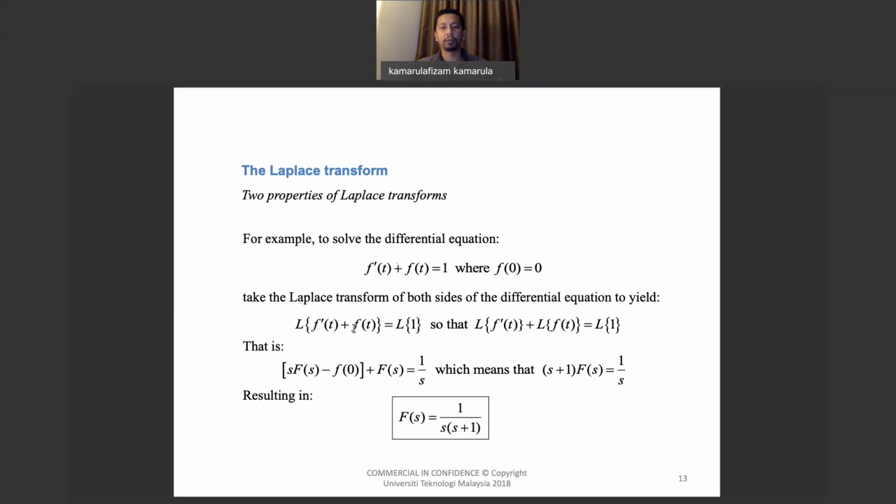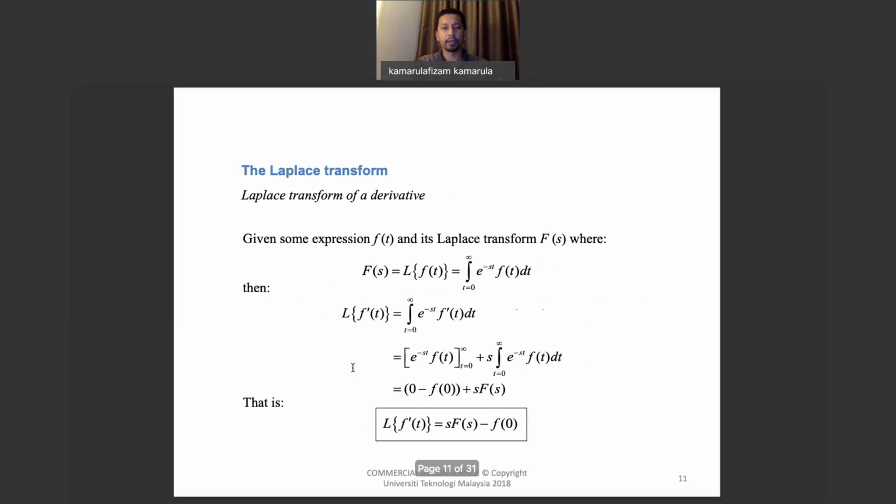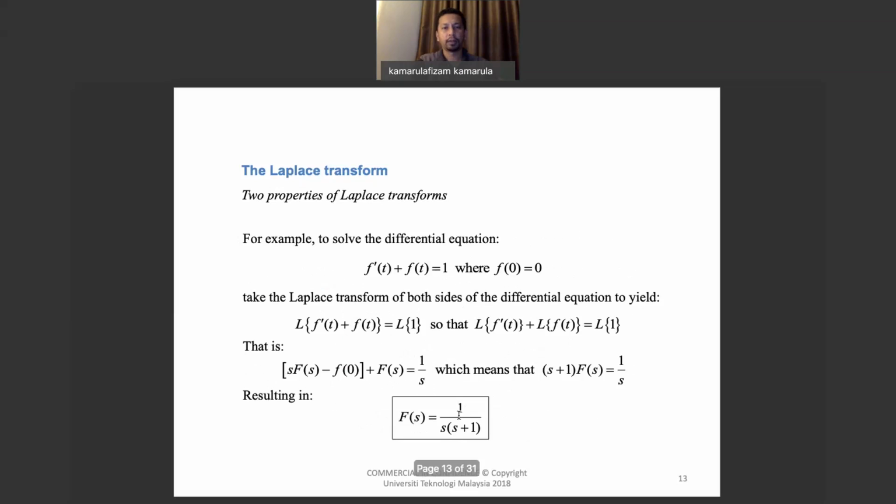Of course, for the Laplace transform of any derivative function, you can straight away take the term from the previous slide. Then the Laplace transform of the function of t, you can straight away replace with F(s). And the Laplace transform of a constant, you will have this term. Finally, F(s) is the whole function, taking this form. This is very easy to see, but this is very much how you solve a differential equation using the Laplace transform.